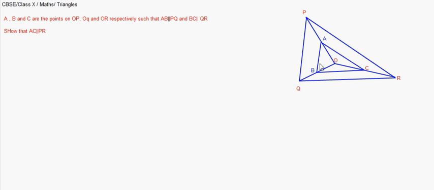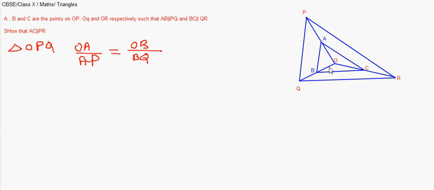Look at the triangle OPQ, this one. In triangle OPQ, it was said AB is parallel to PQ. So we apply proportionality theorem, thereby getting OA by AP is equal to OB by BQ.